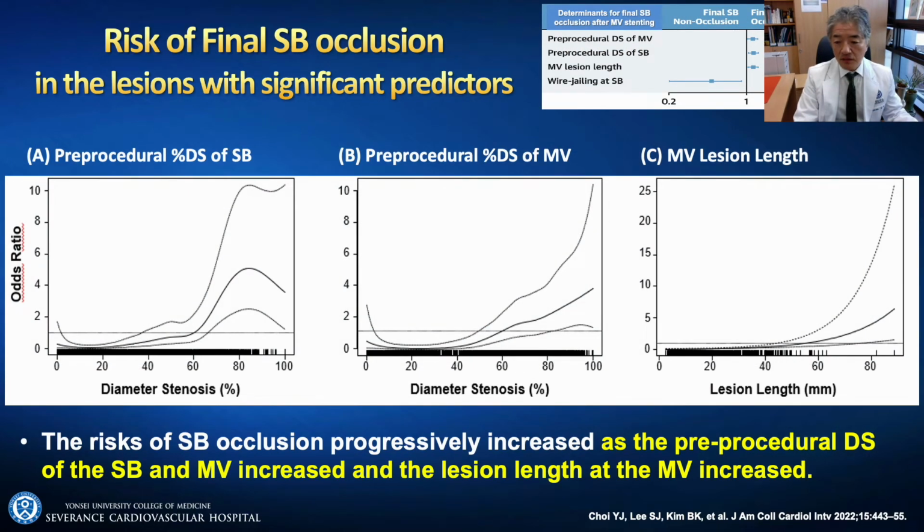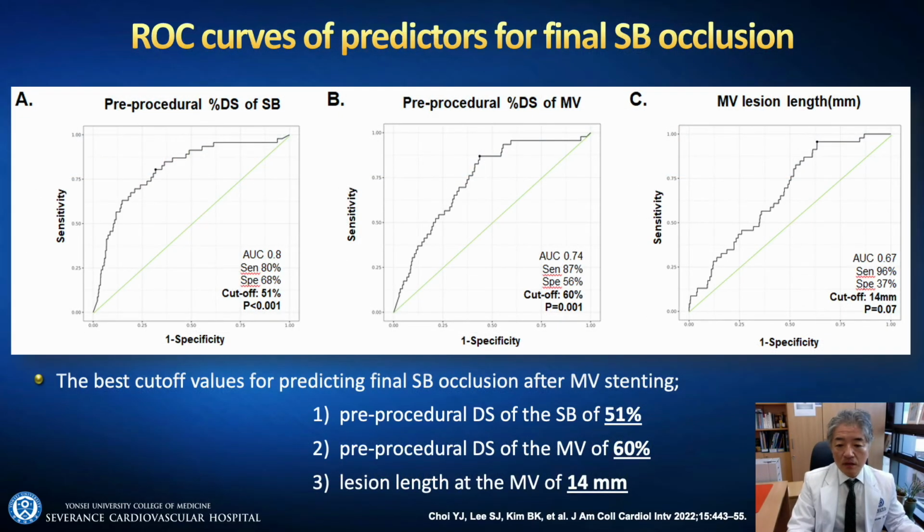In the analysis of the risk for final side branch occlusion in lesions with significant predictors, the risk of occlusion progressively increased as the pre-procedure diameter stenosis of the side branch and main vessel and the main lesion length increased. On ROC analysis, the pre-procedure diameter stenosis of the side branch was 51%, the main vessel was 60%, and the lesion length was 14 mm.